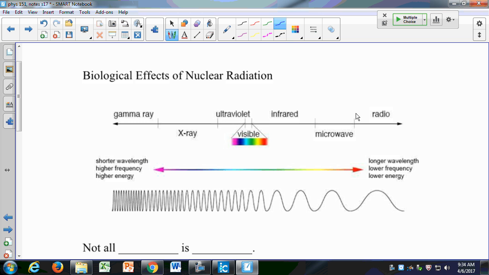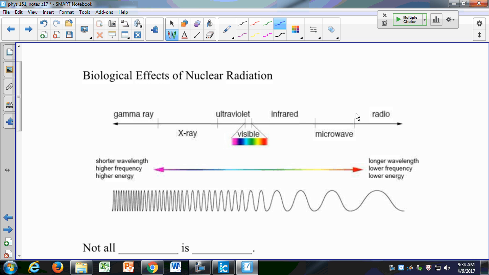Energy increases as you go from this direction to over there. So does frequency, because energy and frequency are related to one another, and the wavelength decreases as you go in this direction. Shorter wavelength, higher frequency, higher energy. We've already seen that in the previous chapter, but I just want you to be aware of that.